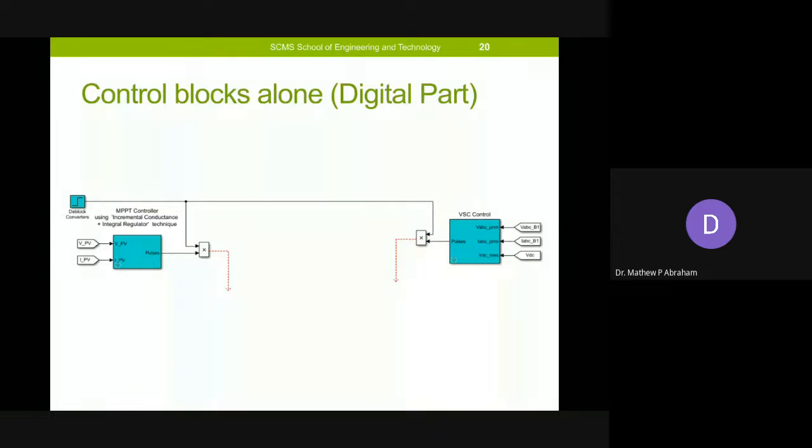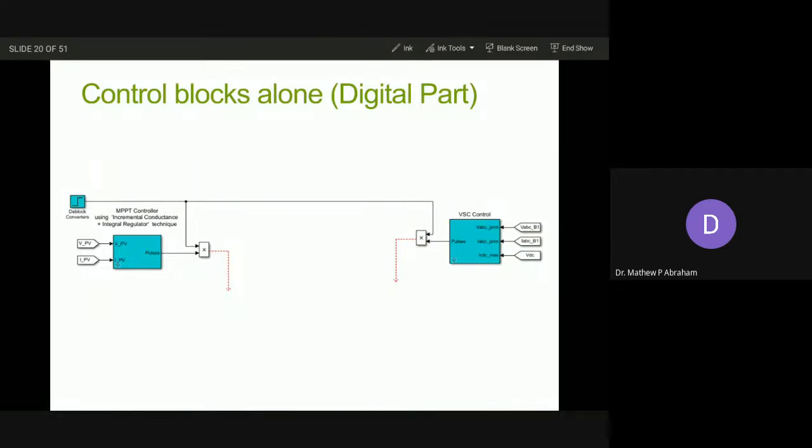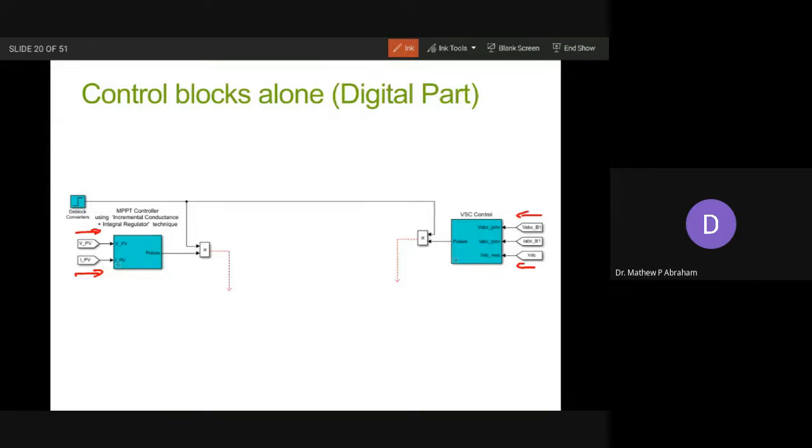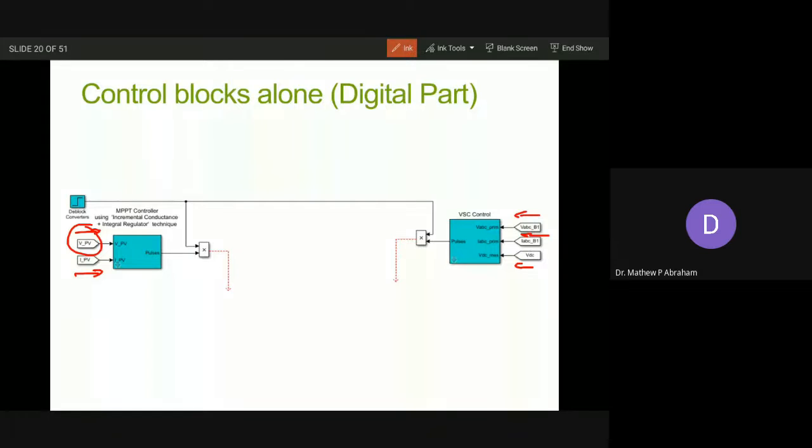These are the points where magnitudes, measurements are coming into the control boards, right? And these measurement points are to be replaced with MATLAB blocks corresponding to our physical or desktop environment.